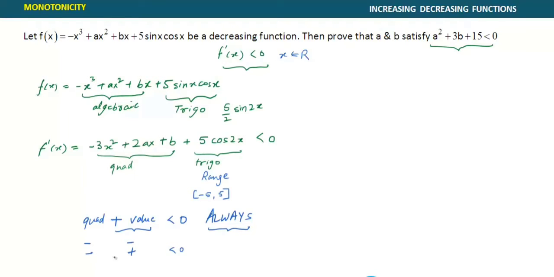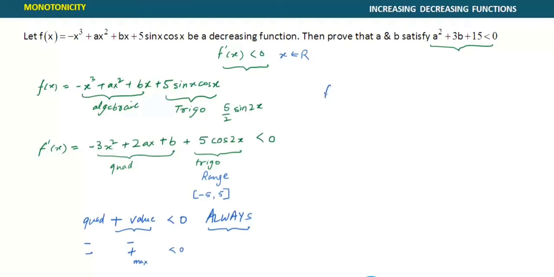If this case happens, then even if this is positive, and the maximum positive, and by adding the maximum positive the answer still comes out to be negative, then you will say that I cannot do anything about this trigonometry, but the answer is always negative.